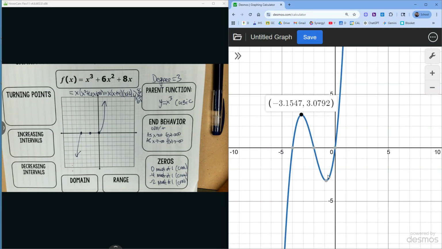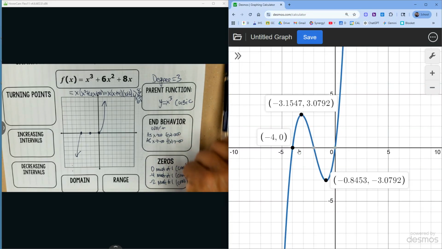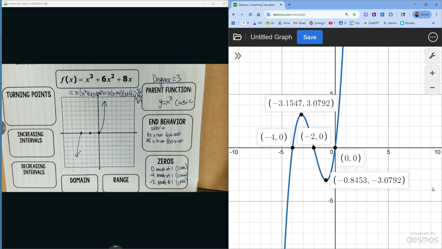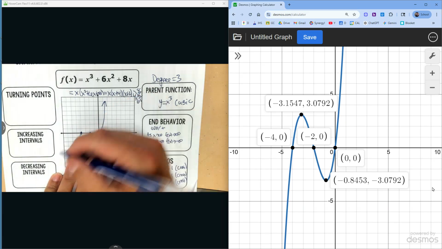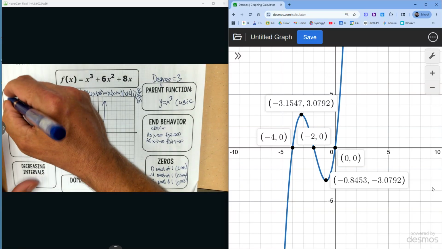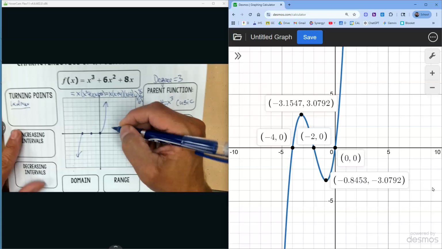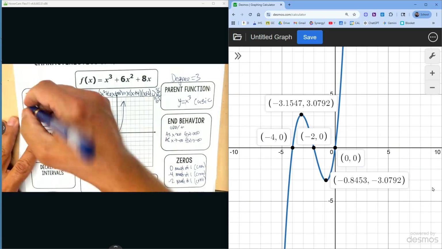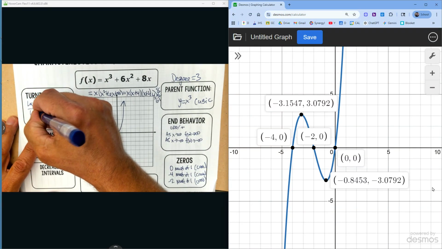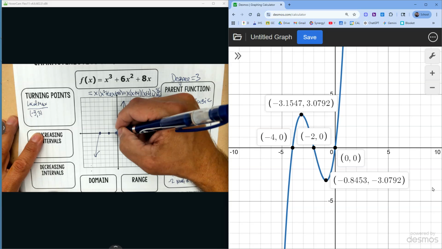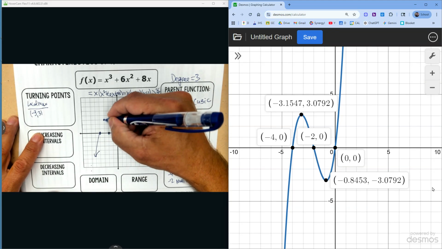And so I'm going to approximate the turning points. Notice the negative 4, negative 2, we already have that. So negative 3 and positive 3, I'm going to put on the graph. That's a maximum. So I'm going to call that a local max, negative 3 and positive 3. I'm just making them friendly.